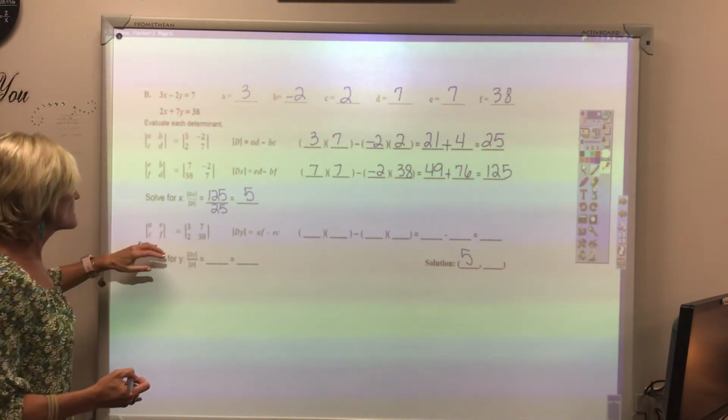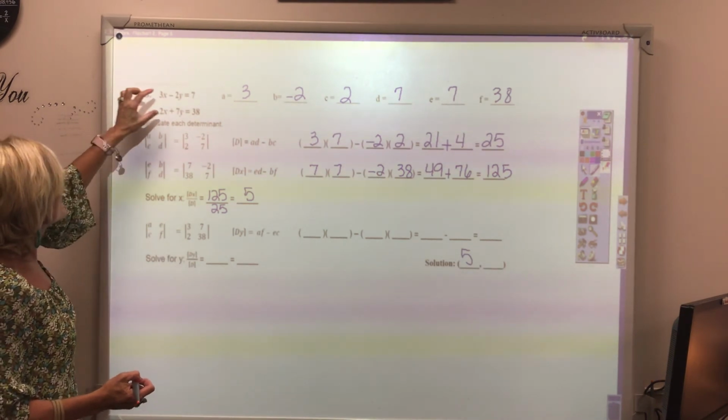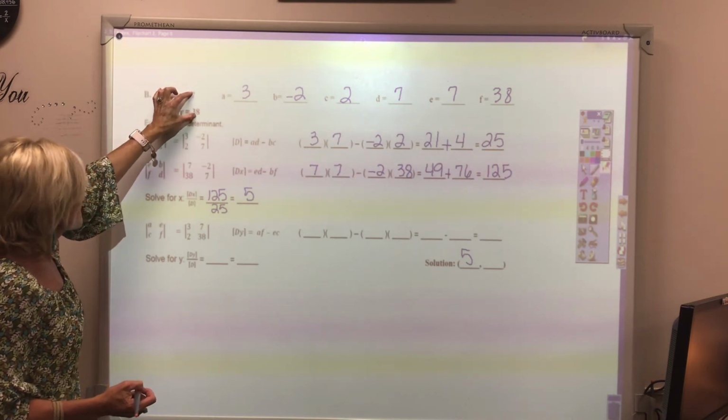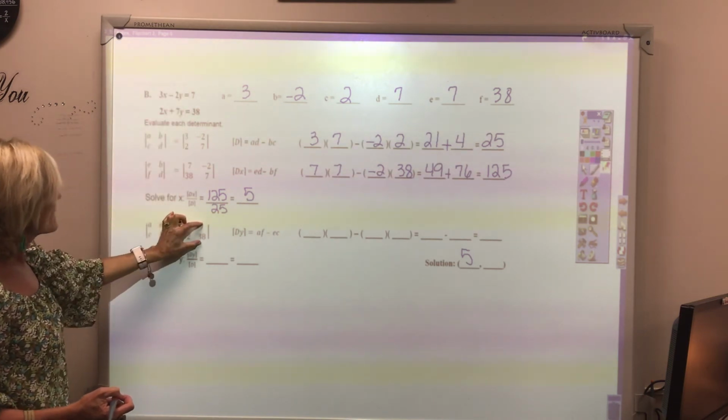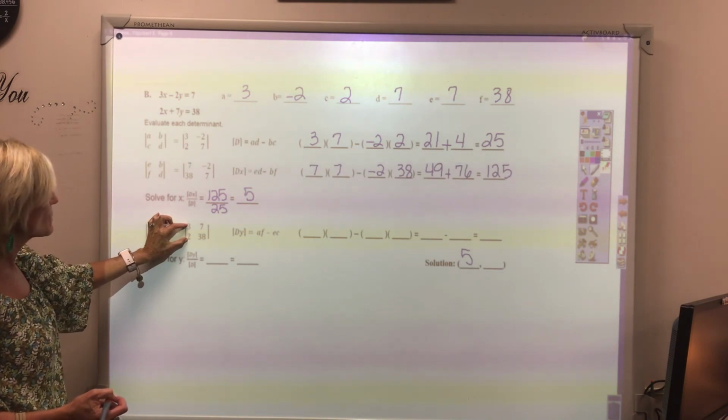And then to find the determinant for y, we replace the negative 2 and the 7 with the 7 and the 38, so you can see that down here. The x coefficients remain what they were.